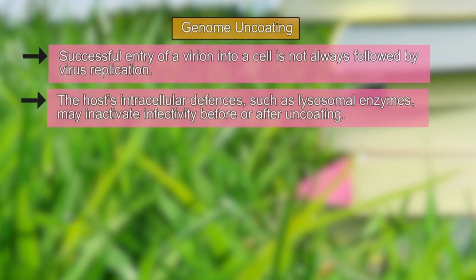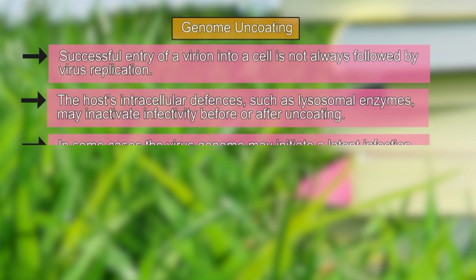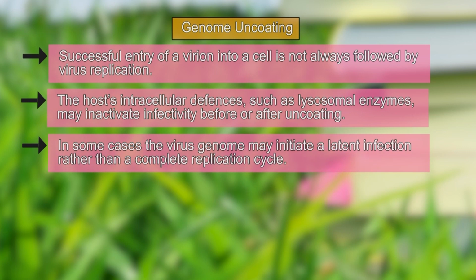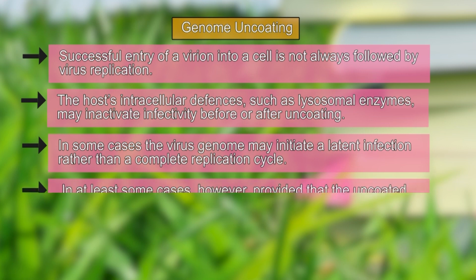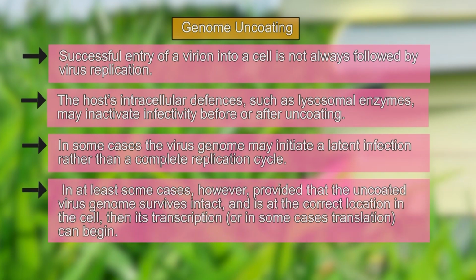The infectivity may be inactivated by intracellular defenses like lysosomal enzymes. In some cases, the virus may cause latent infection rather than a complete replication cycle. If, however, the uncoated viral genome remains intact at the correct location of the cell, then transcription and also translation can begin.